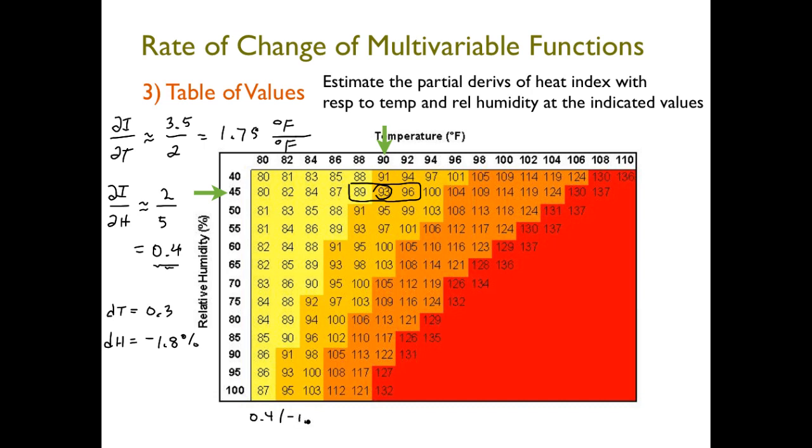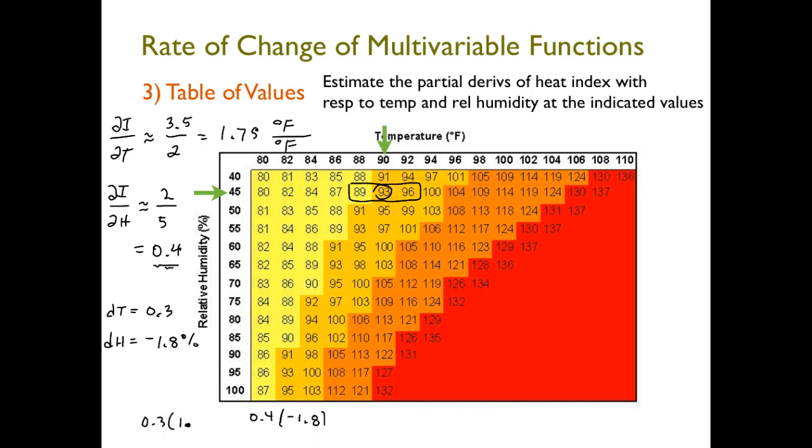That would be the decrease in the index due to the change in humidity, right? Okay. What else? And then I multiplied 0.3 by 1.75.